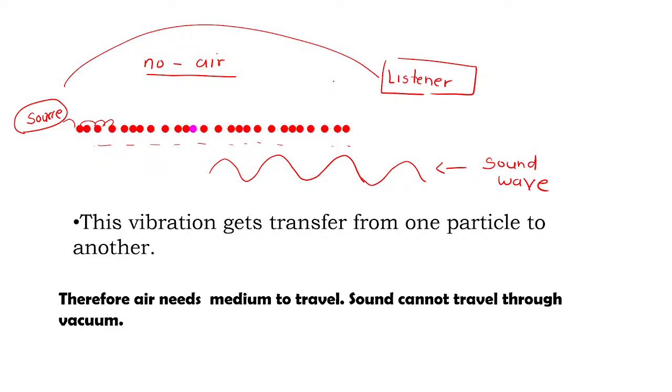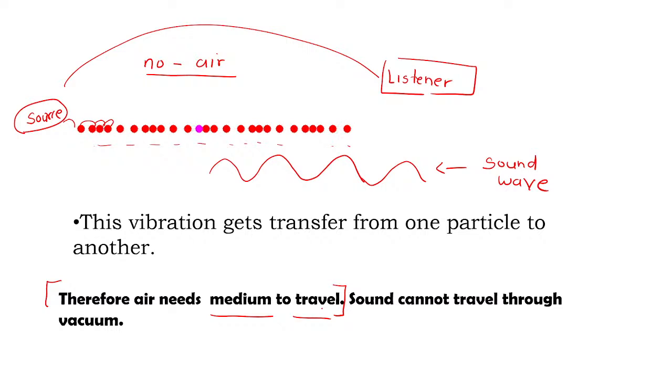So how does sound travel? In form of sound wave. And how is it able to travel from the source to the listener? Because of this air molecule. So therefore the sound needs something to travel, and what is that? It is called medium. Okay, sound needs a medium to travel.